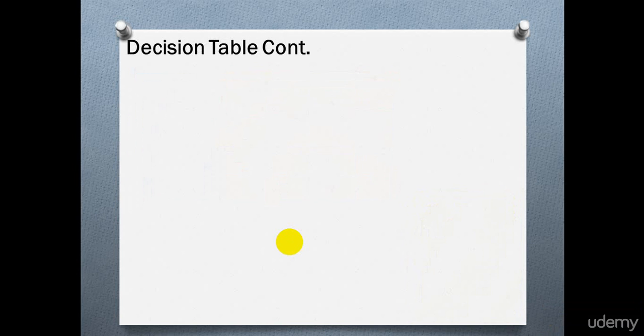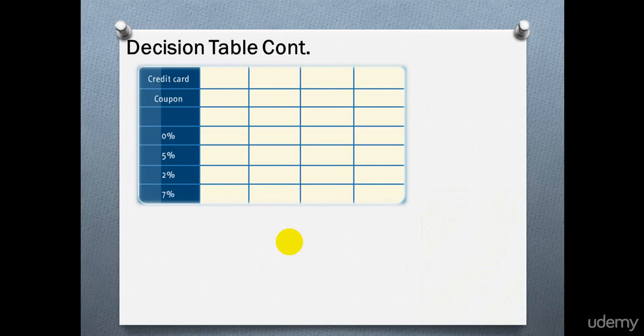Let's continue with the decision table. Consider an application that calculates the discount in a departmental store. To create a decision table, you first list all the conditions and expected actions. So here we are taking one example.